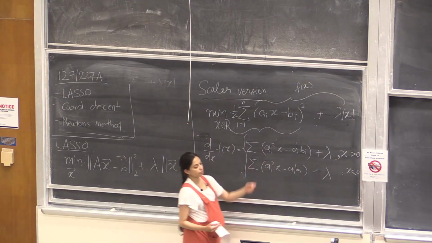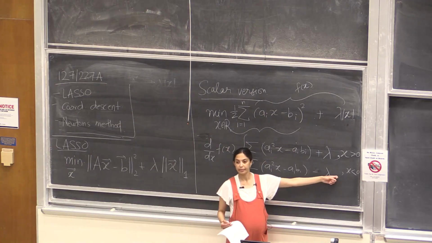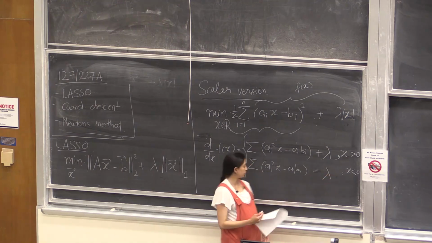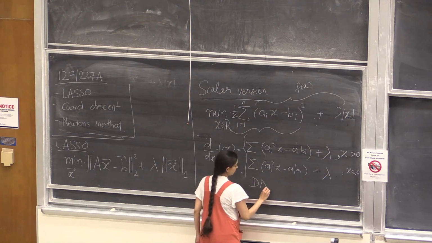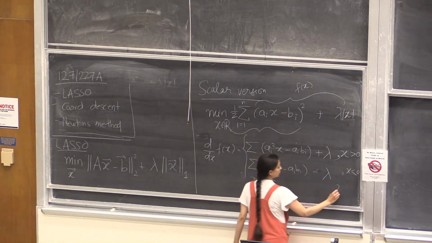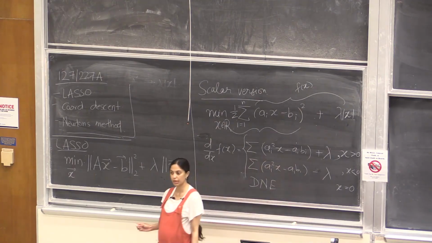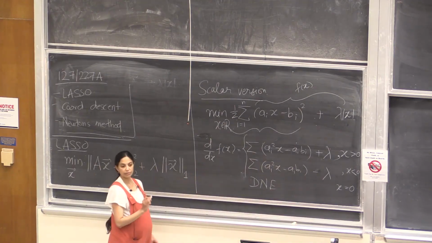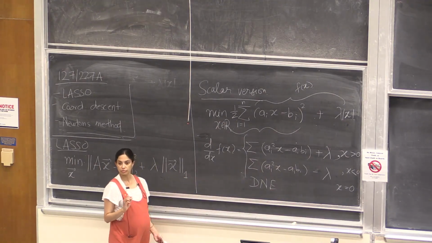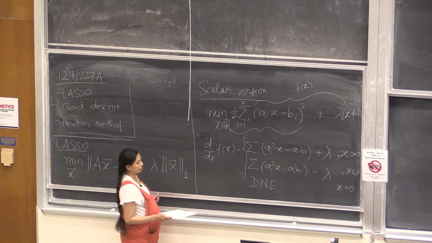And what's the case that's remaining? Where does the derivative not exist? x is equal to 0. Does not exist when x is equal to 0. Okay? Everyone see this? Everyone understand this? We're good? Okay.